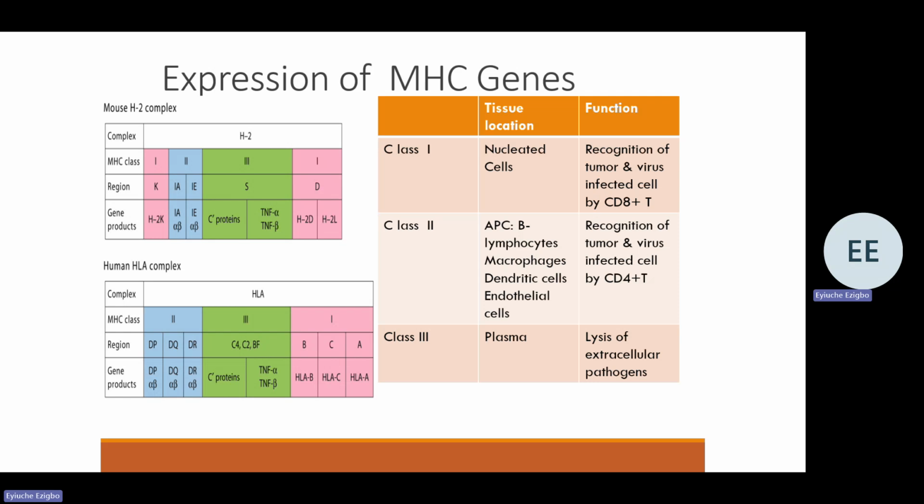Expression of MHC genes. We are going to be talking about MHC class 1. It is expressed by all nucleated cells, that is, cells that have a nucleus. You know a mature red blood cell does not have a nucleus, so it cannot express MHC class 1.